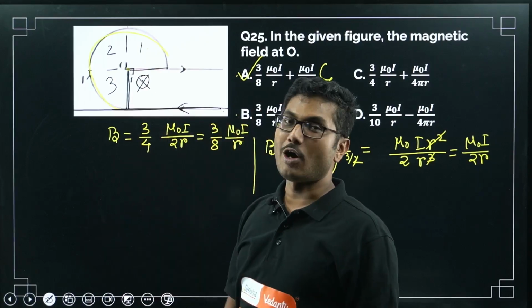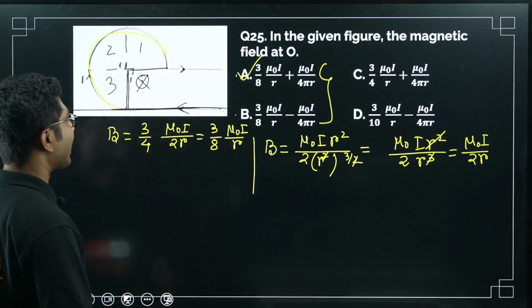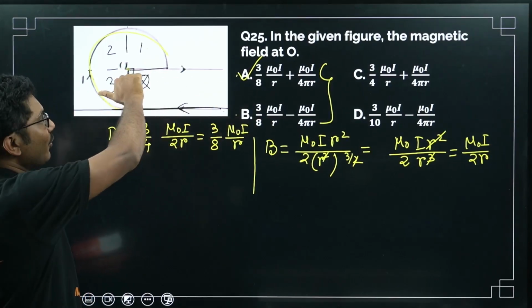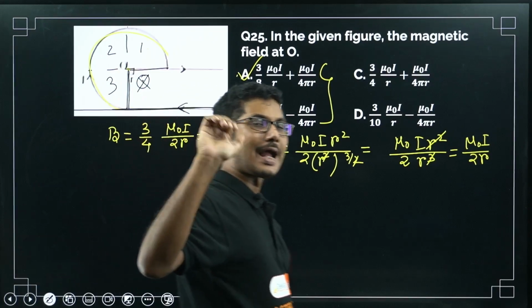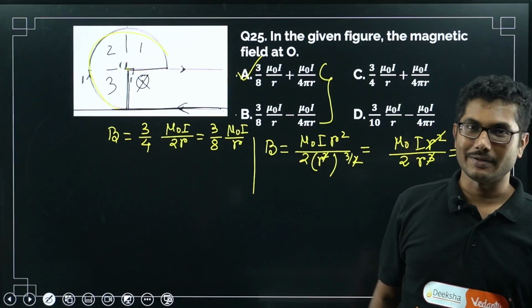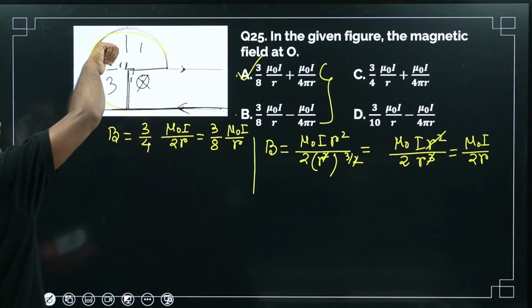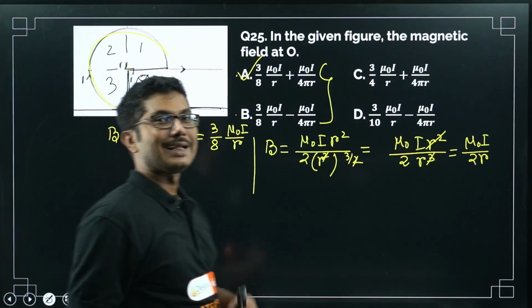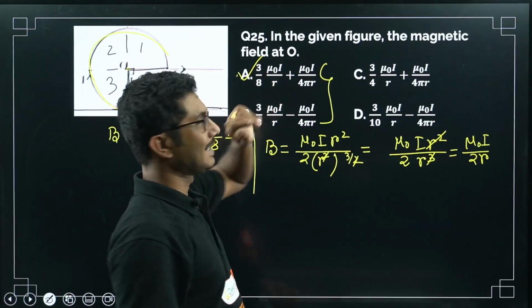And exactly the opposite method for straight wire. For a straight wire, you point your thumb in the direction of current, and wherever your fingers are pointing, that will give you the direction of magnetic field. If you see both cases, this is also into the paper and this is also into the paper, so they will basically add up. So between these 2 options, this is the correct answer.